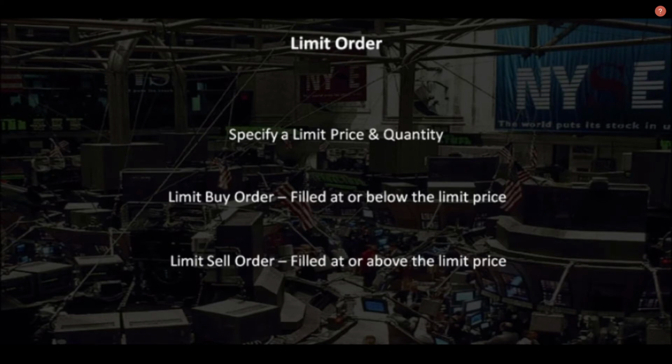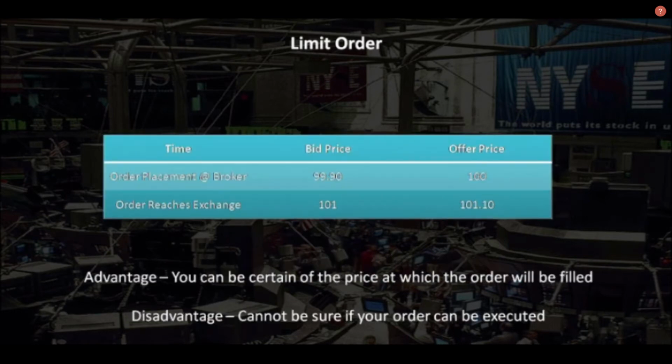Similarly, in case of a limit sell order, the broker sells the security only if it is possible to get a fill at or above the limit price. The advantage of a limit order is that you can be certain about the price at which your order will be filled. The disadvantage is that you can never be sure if your order will be executed.